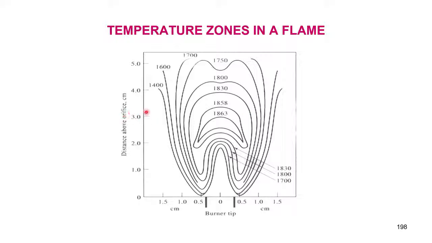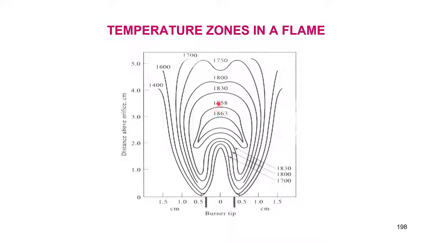So, the hollow cathode lamp radiation should pass through this range, about 3.5 centimeter height above the flame, and then it should pass out. The monochromator and detector will come somewhere here. But along the flame, the hollow cathode lamp radiation should pass between 1858 and 1863.